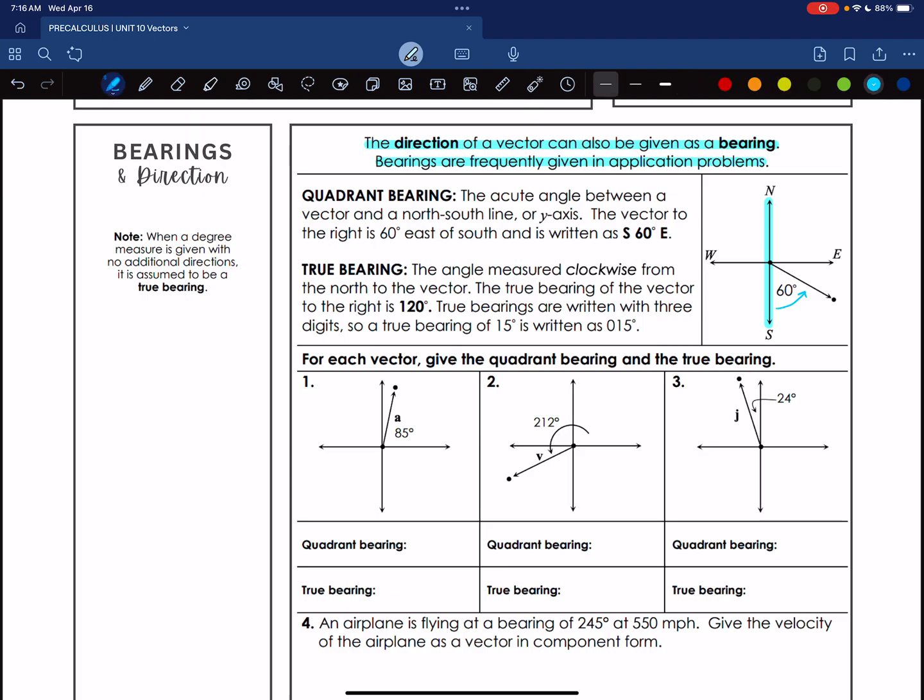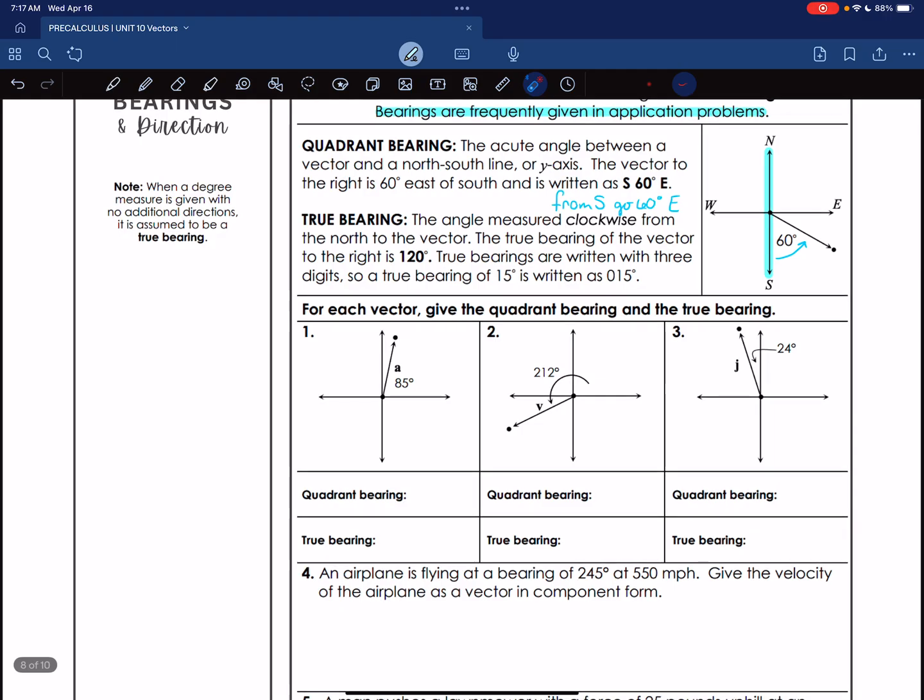From the south, go 60 degrees east. Doesn't that make sense when you think about it like that? From south, move 60 degrees in that eastward direction. That tells you how to write it in the bearing form.